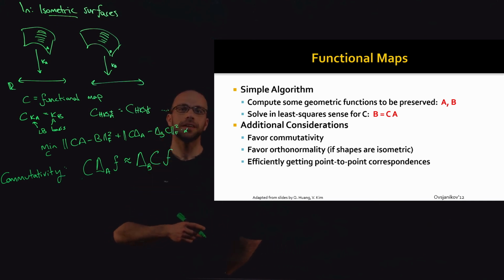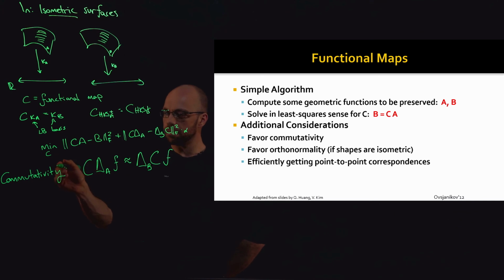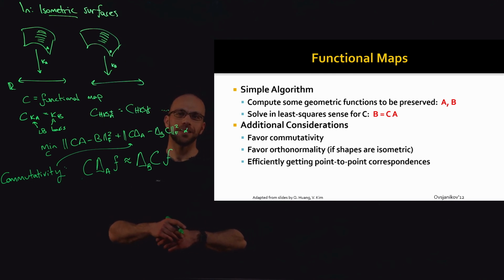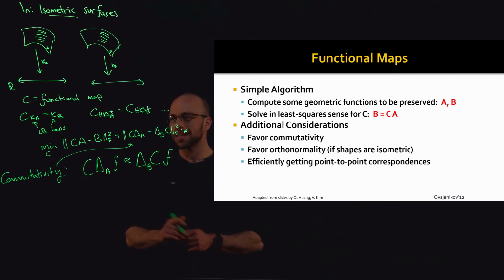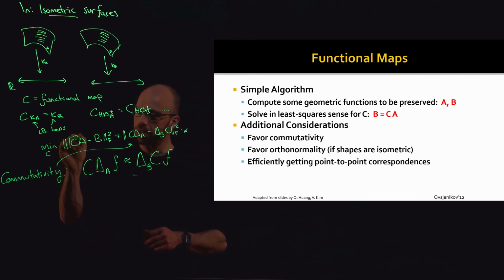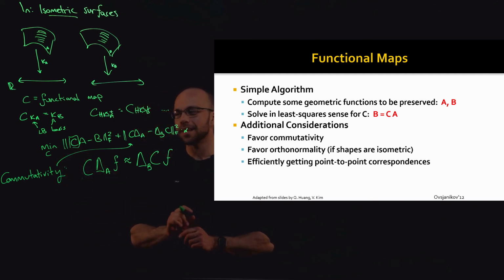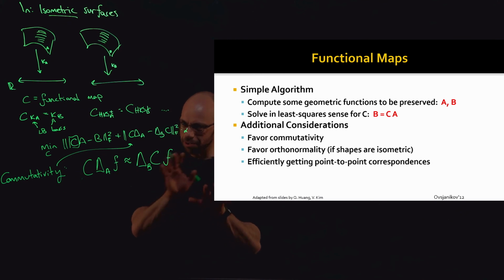And so it turns out that this second term, this commutativity term, is a great regularizer for functional maps. And the really cool thing that's happening here is that this is all written in terms of linear algebra. And it turns out the really beautiful thing about functional maps is just the sheer number of geometric assumptions on our mapping that correspond to linear style assumptions on this matrix C that takes Laplacian eigenfunctions to Laplacian eigenfunctions.